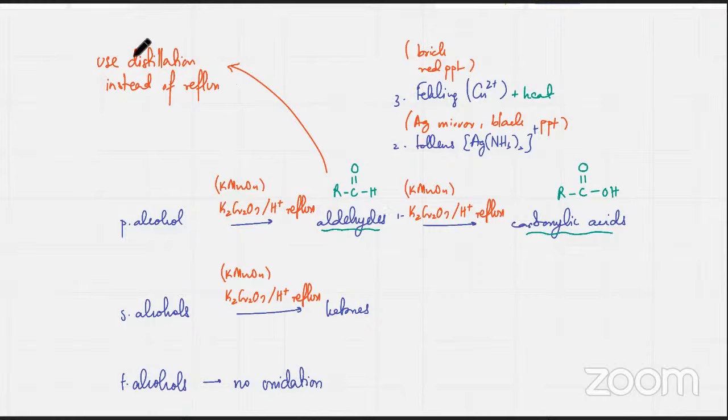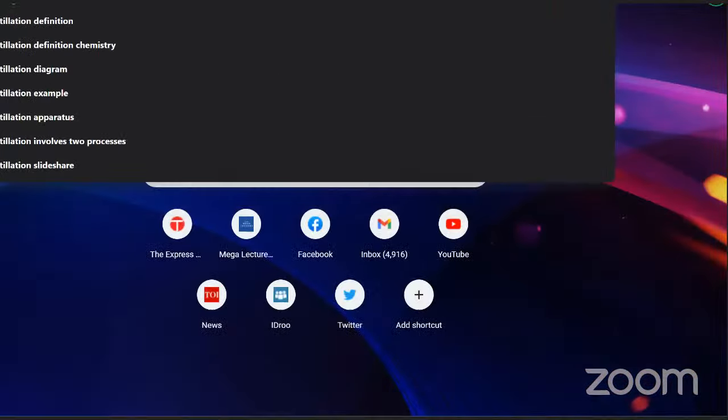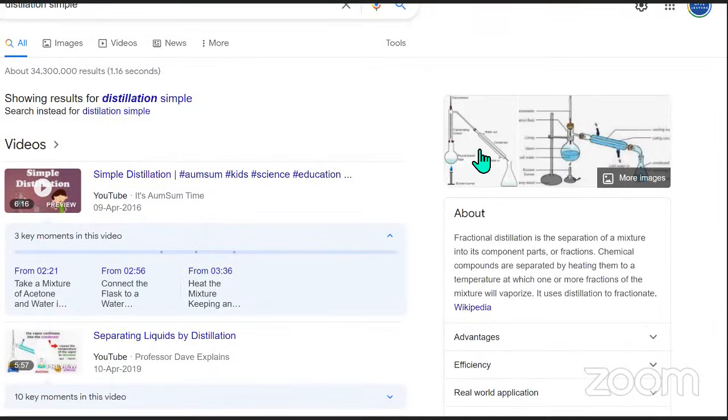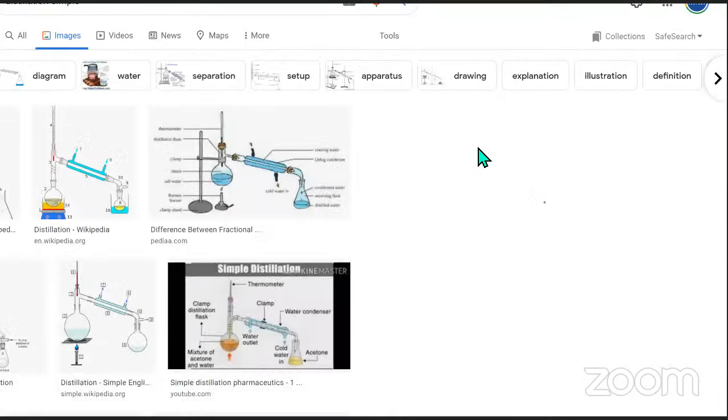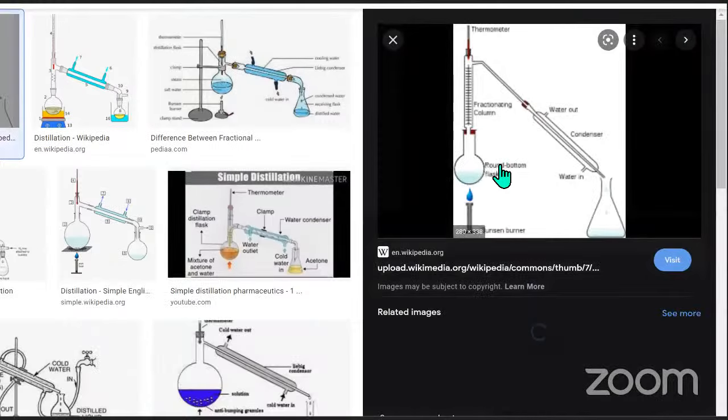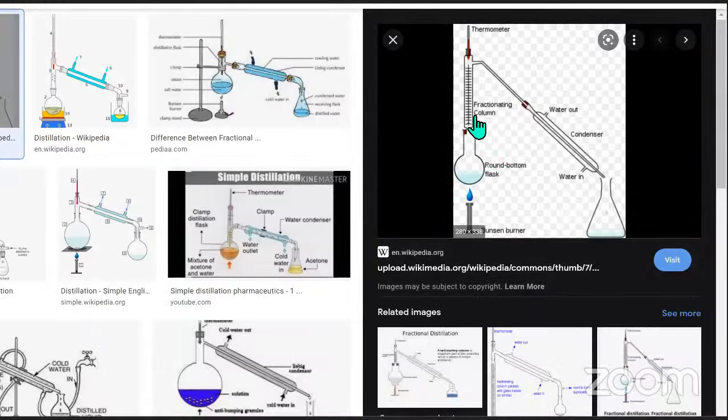But if you allow the product to escape, you use distillation. Distillation has this apparatus where you're heating it, but you're allowing the product to escape. You're allowing it to evaporate and condense somewhere else.